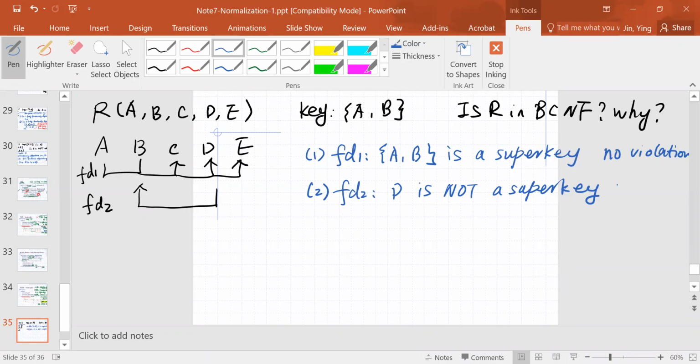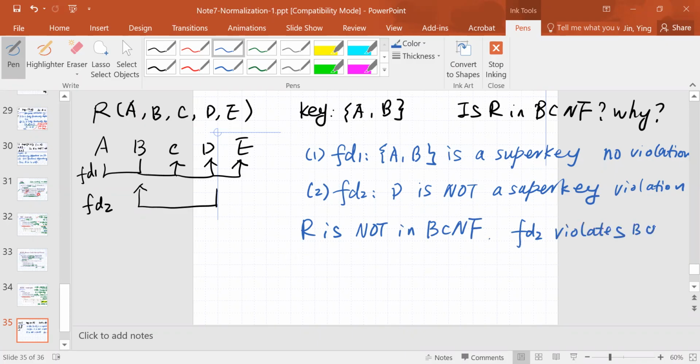And then this is a violation. So as a result, we can say R is not in BCNF. And we can also see FD2, right?